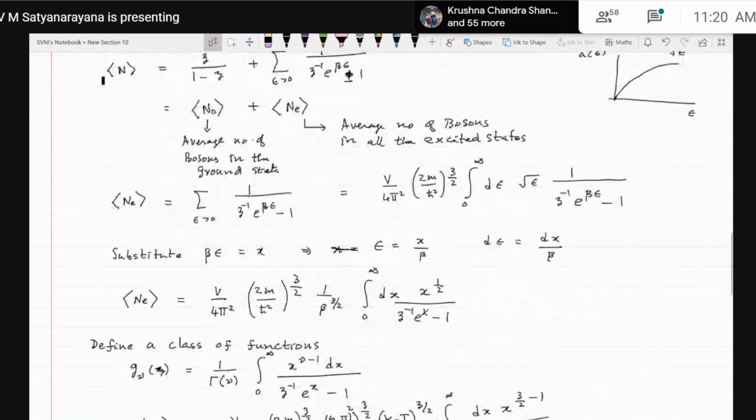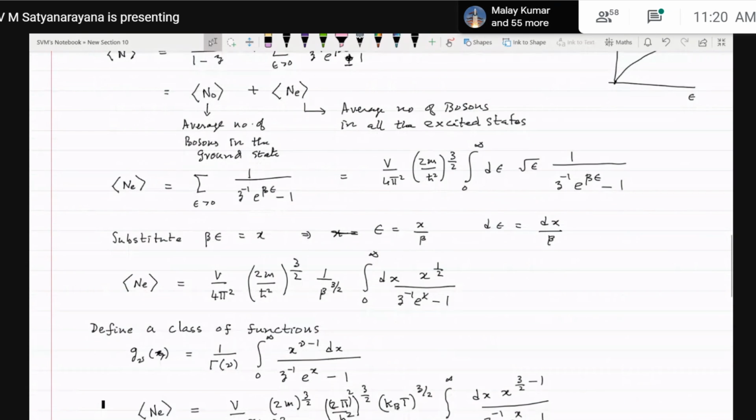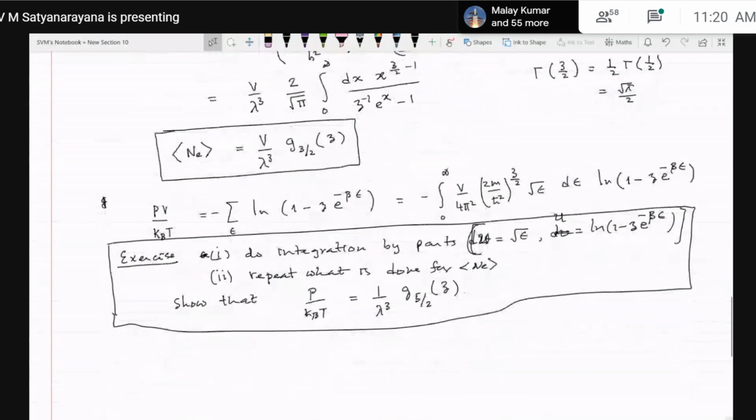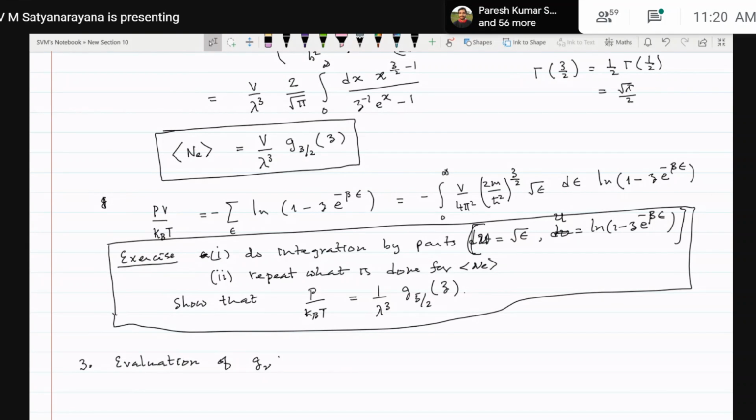That will help us to get an idea of what happens for an ideal Bose gas. So third is evaluation of g mu of z. Okay, so we have to evaluate this.